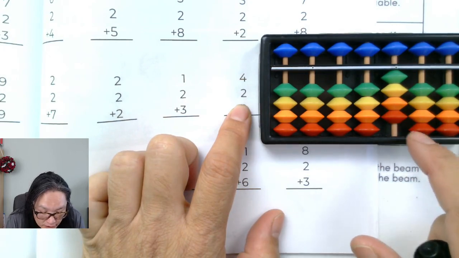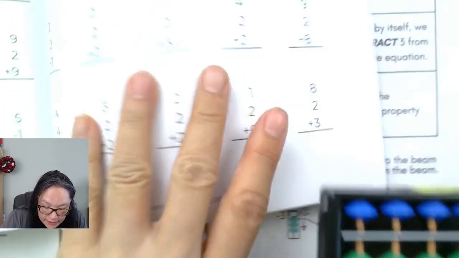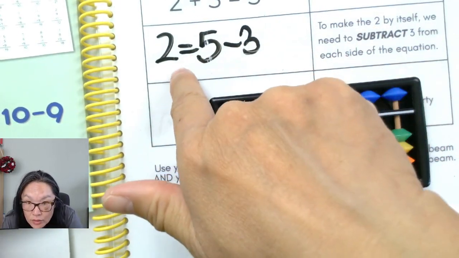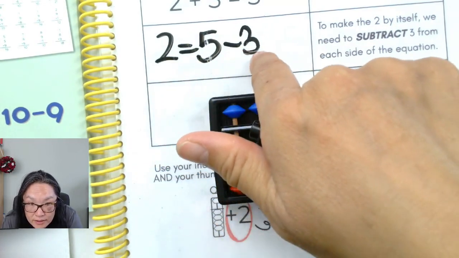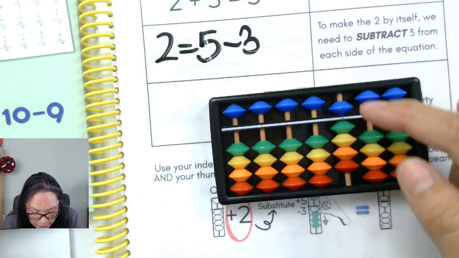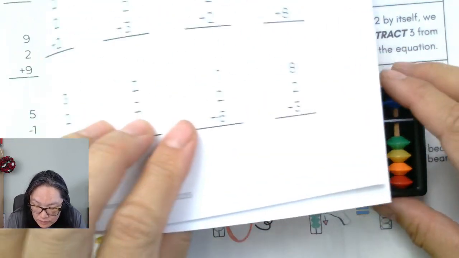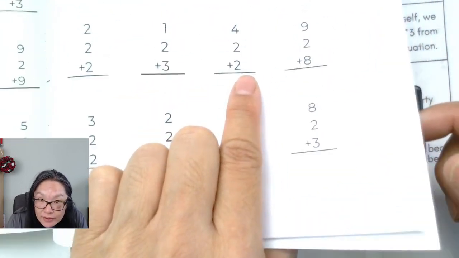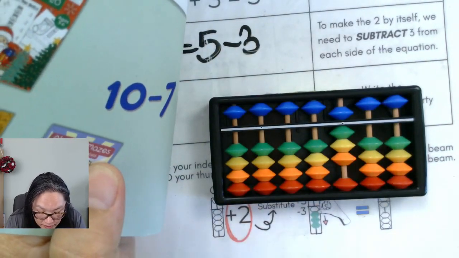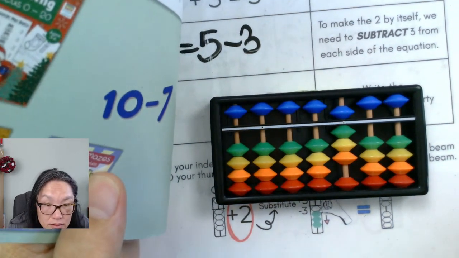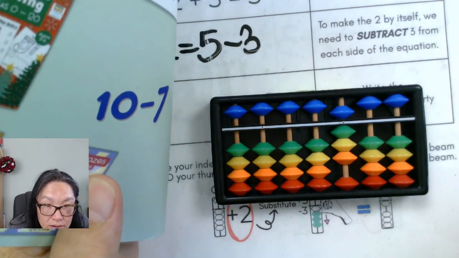If I want to focus on the first 2, I need to substitute. 5 minus 3. Add the 5, take away the 3. And then I add the 2 again. Then I can add the 2 again. And my final answer is 8. Did that make sense, Marvin?